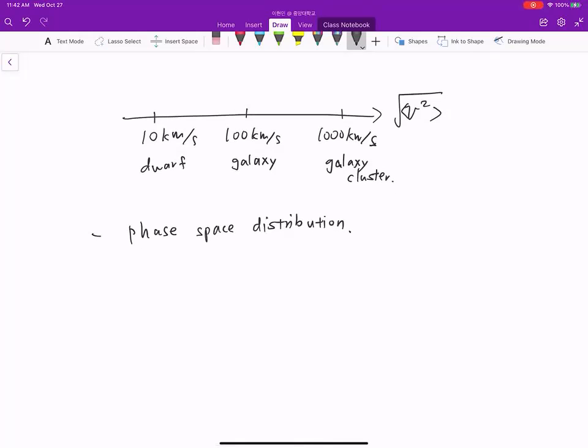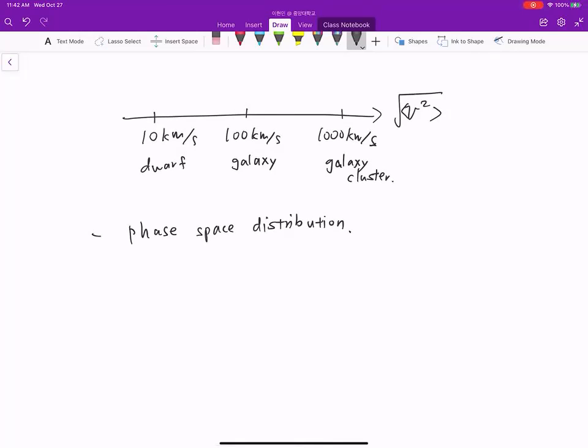So all the points in the phase space are equally probable. As far as the energy conservation or angular momentum conservation is guaranteed, you can be anywhere in the phase space.